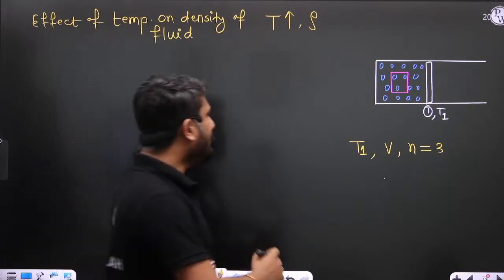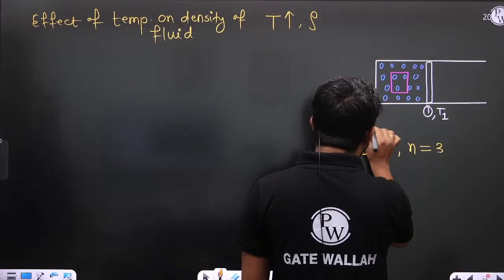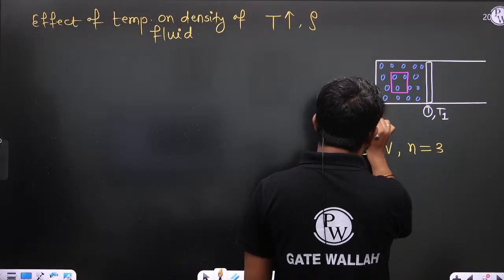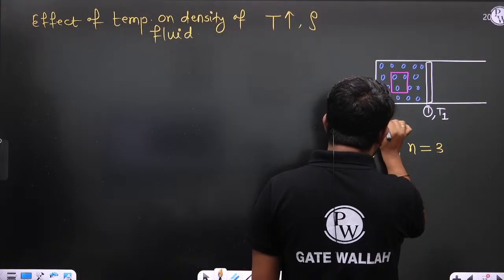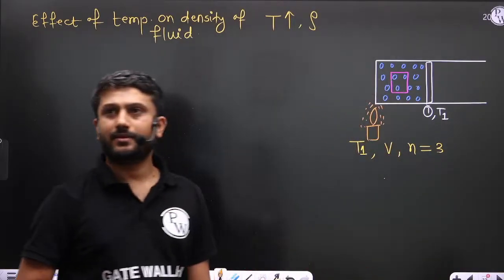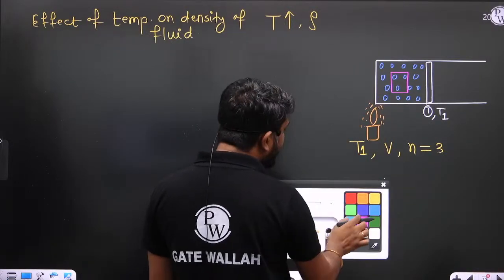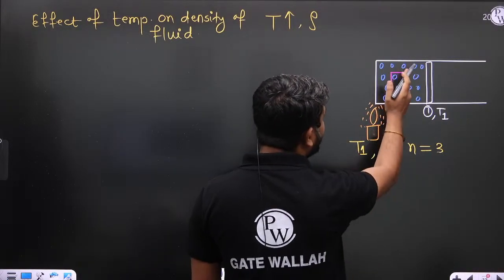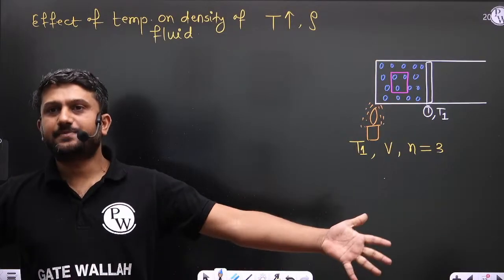Right? Now I am increasing the temperature. For increasing the temperature, I am providing heat energy. When we are providing the heat energy, the temperature of the fluid increases, and when the temperature of the fluid increases, it will try to expand.